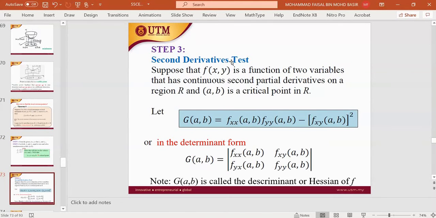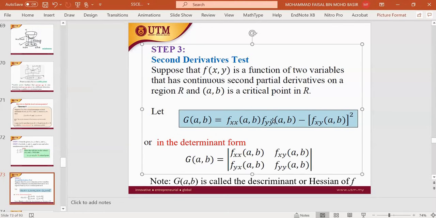Second derivative test. Suppose that f(x,y) is a function of two variables that has continuous second partial derivatives on a region R, and (a,b) is a critical point in R. Let G(a,b) equal fxx times fyy minus fxy squared. So this is the formula to find the G. Okay, or we call it the determinant form.